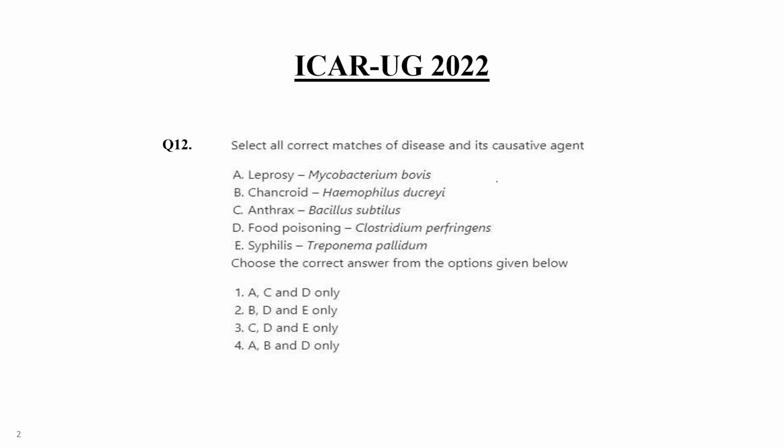Next, select all correct matches of disease and its causative agent. Leprosy, Mycobacterium bovis; chancroid, Haemophilus ducreyi; anthrax, Bacillus subtilis; food poisoning, Clostridium perfringens; syphilis, Treponema pallidum. So we have to choose the correct matches of disease and its causative agent.